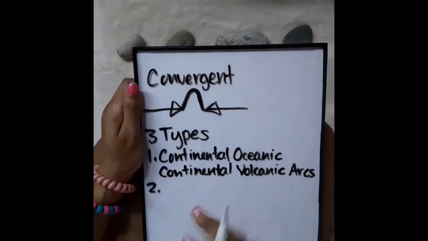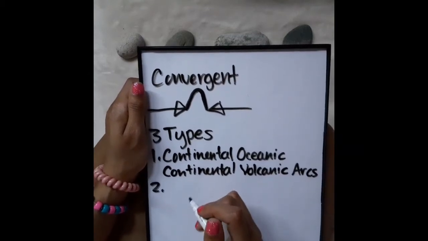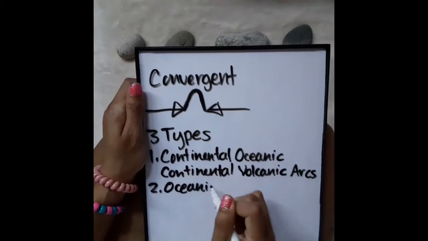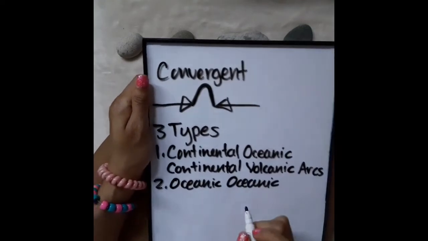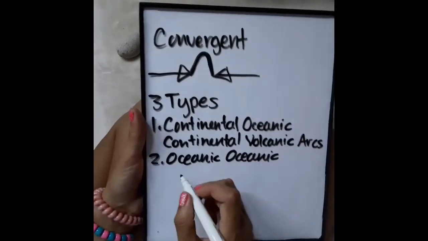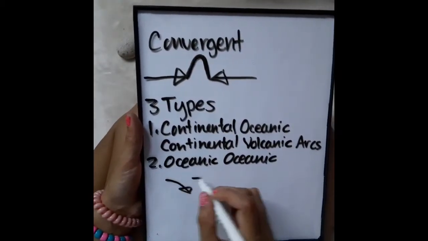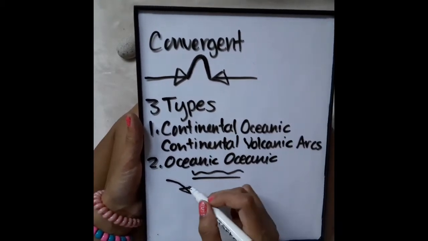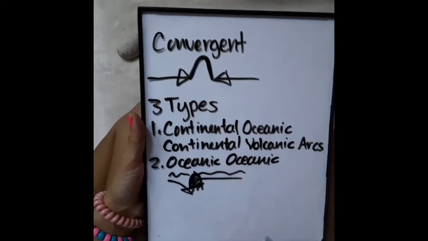Okay, so the second type of subduction is oceanic. And this subduction is when the oceanic lithosphere subducts into another oceanic lithosphere, creating volcanoes in the water.